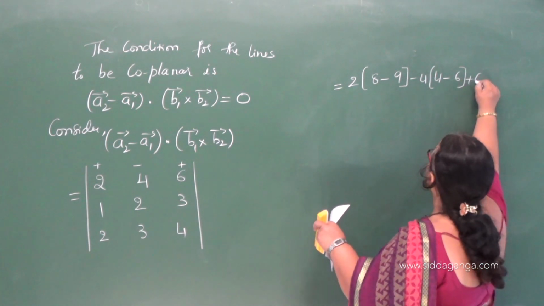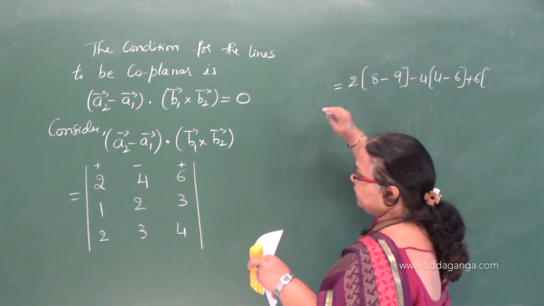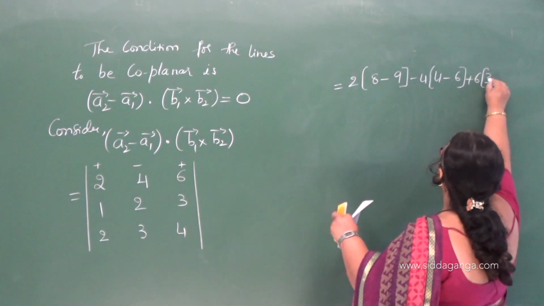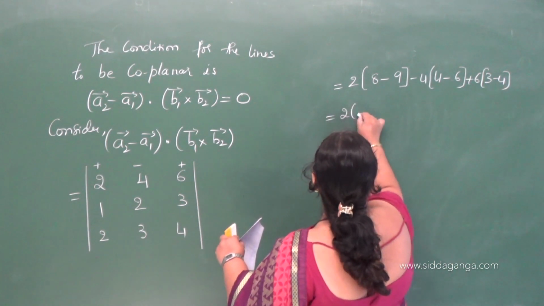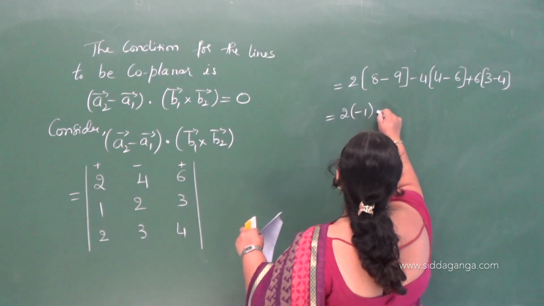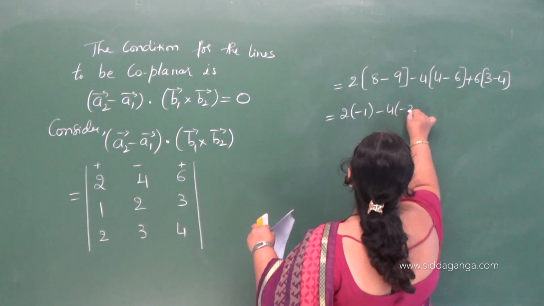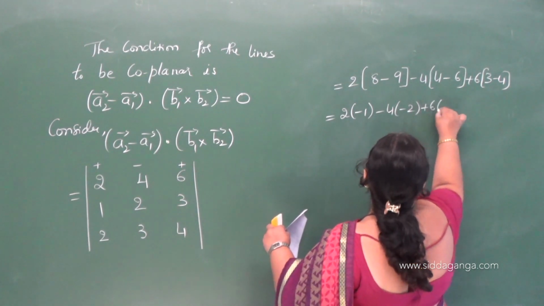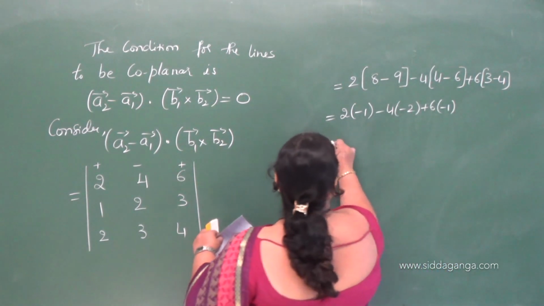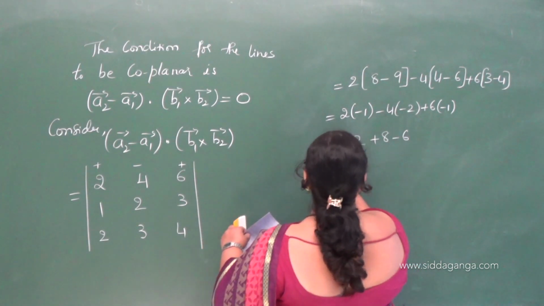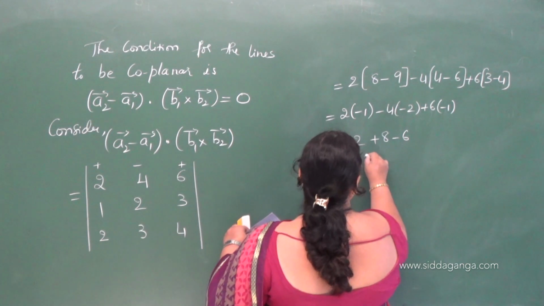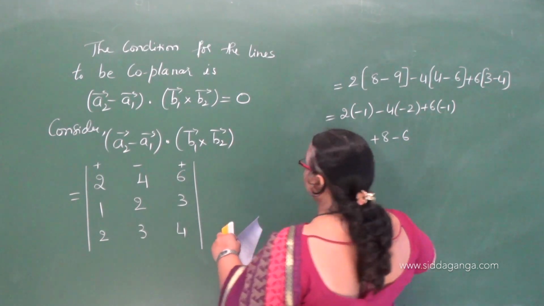Next plus 6 into, delete that row and column, 3 minus 4. That is equal to 2 into minus 1, minus 4 into minus 2, plus 6 into minus 1, equal to minus 2 plus 8 minus 6, 8 minus 8 equal to 0.